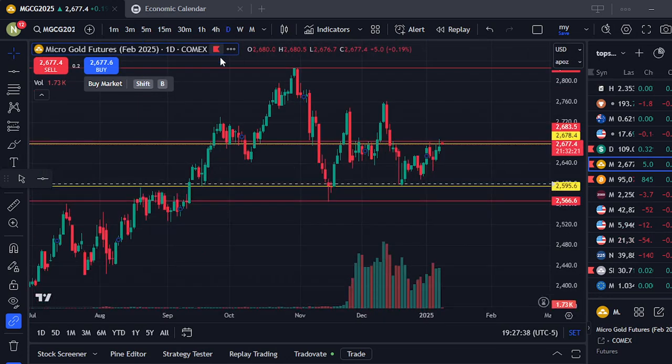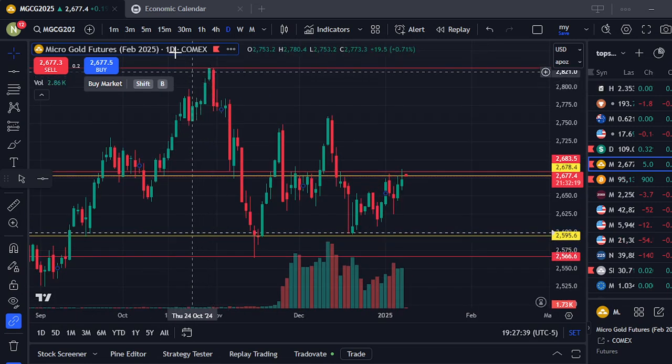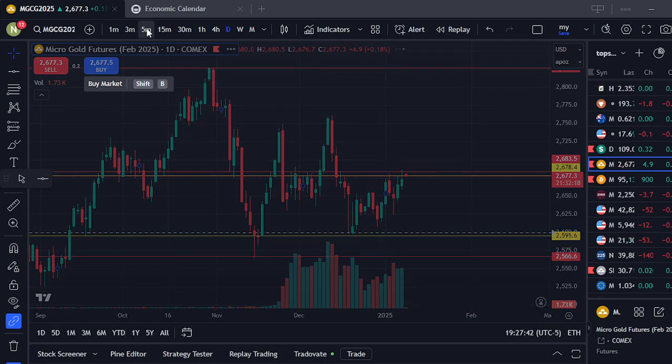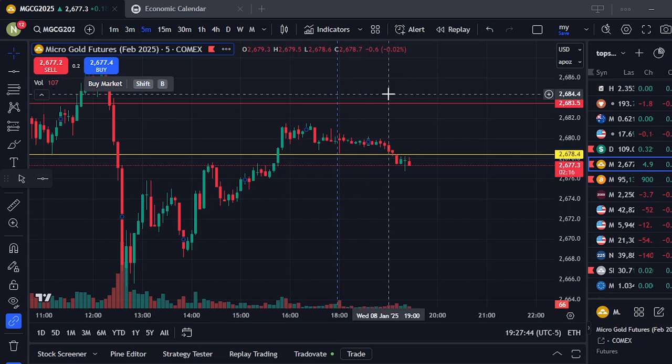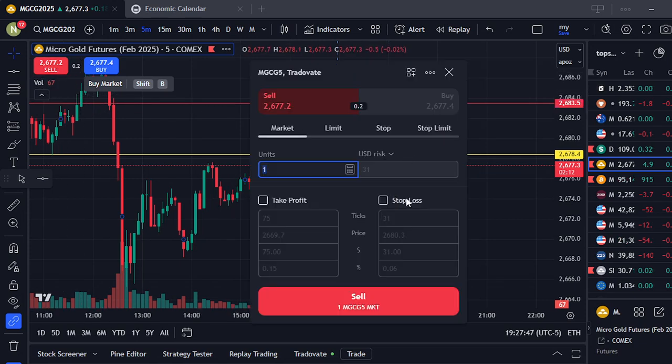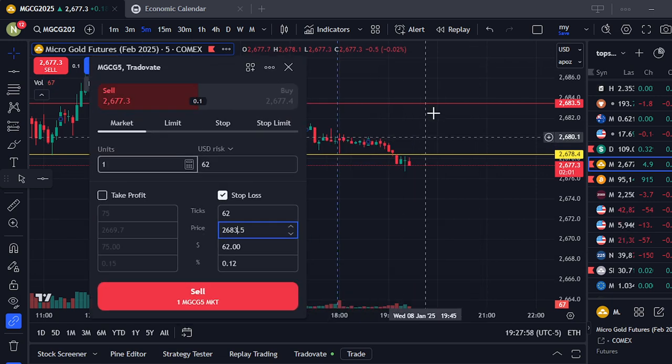Now, ideally, what can be done is, now that we're sitting here, if I am willing to give it the risk of, let's see, 83, right? Let's say I decide to do 83. Okay, that's going to be $62. That would be my risk, and it's actually 84.4, not even 83.